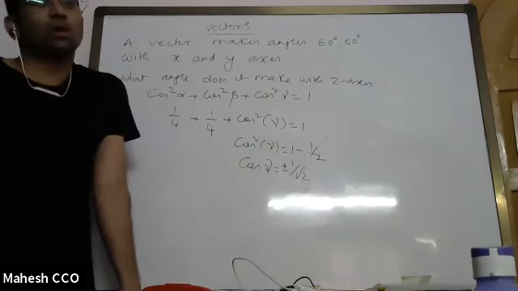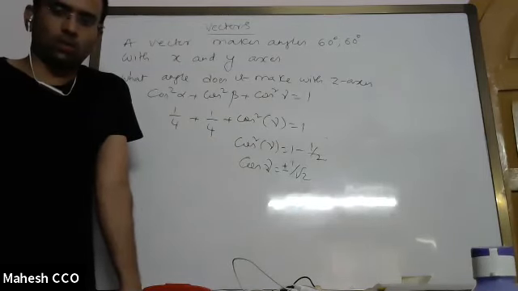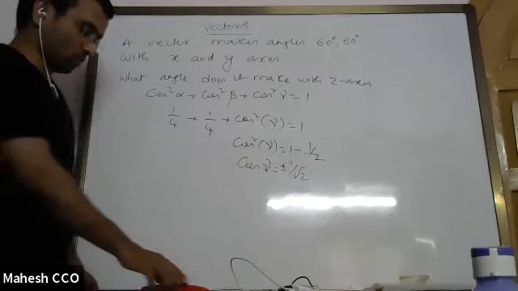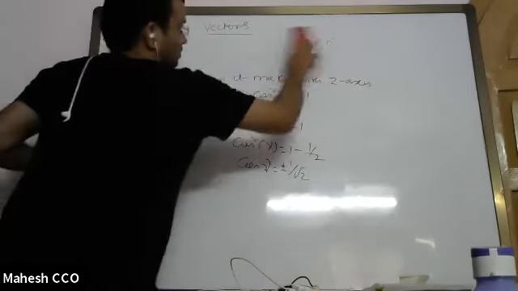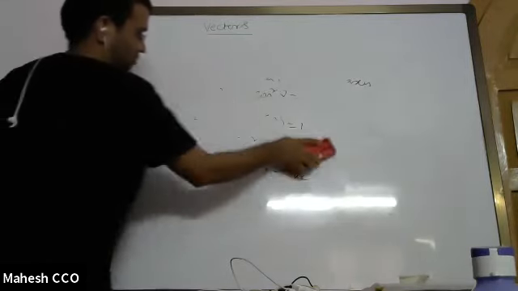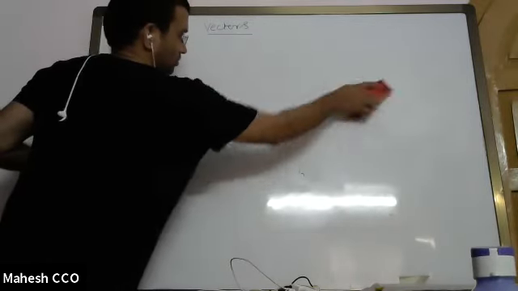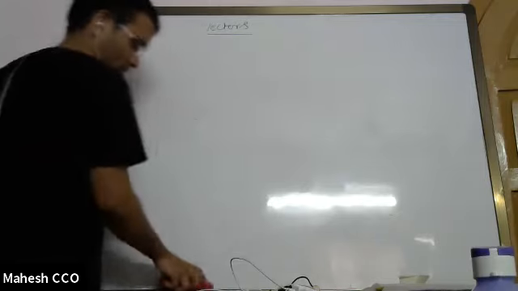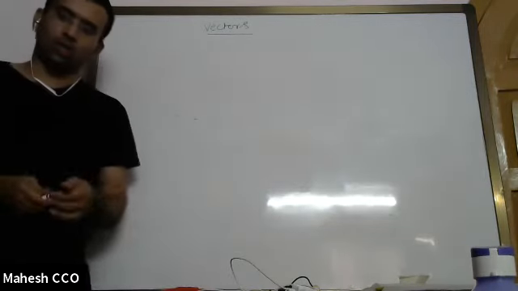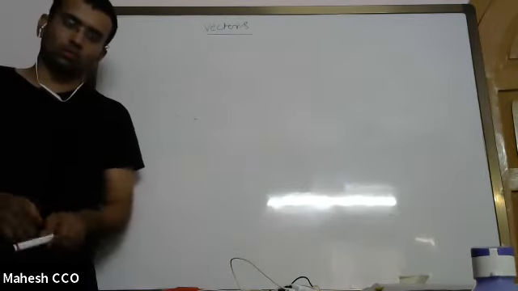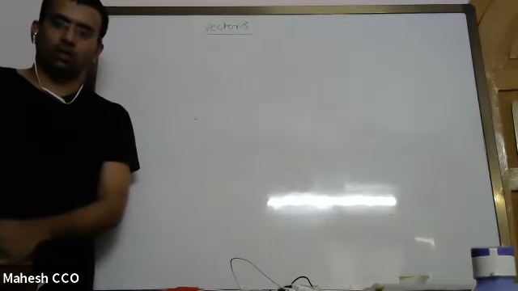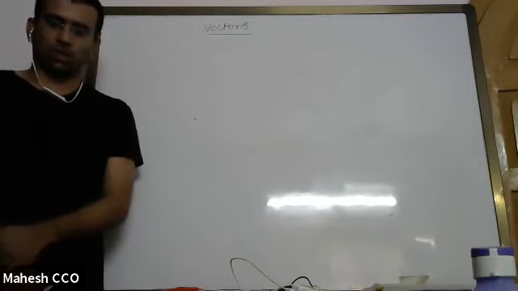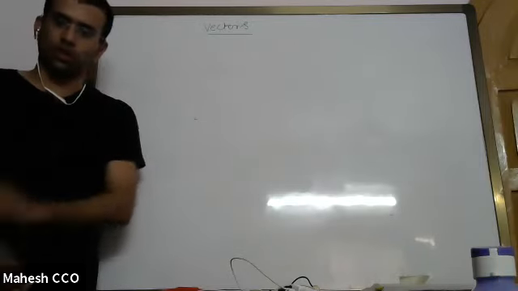Always remember one thing: three vectors which are equal in magnitude, and if they are at angles of 120 with each other, their summation should always be 0.